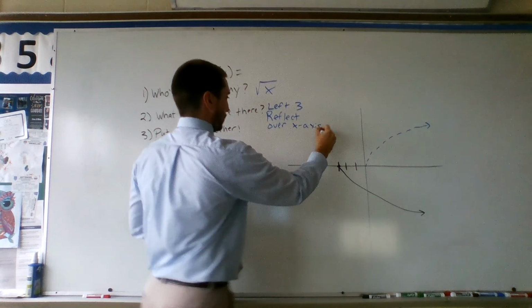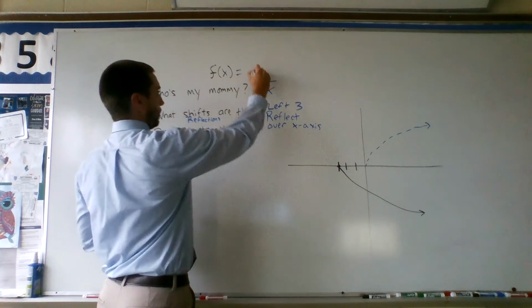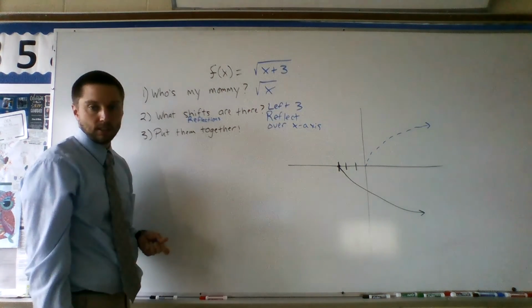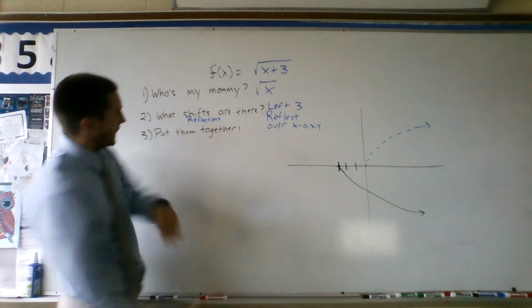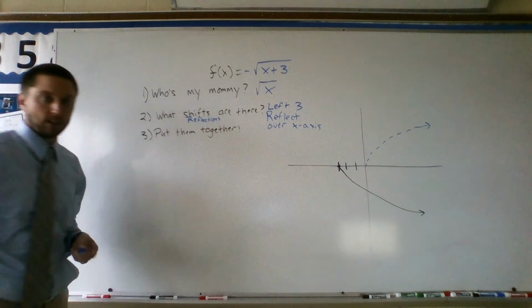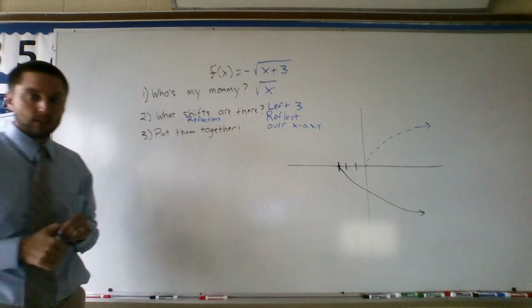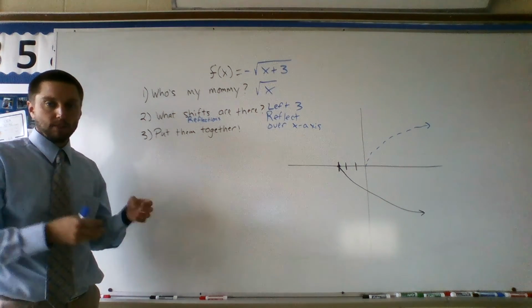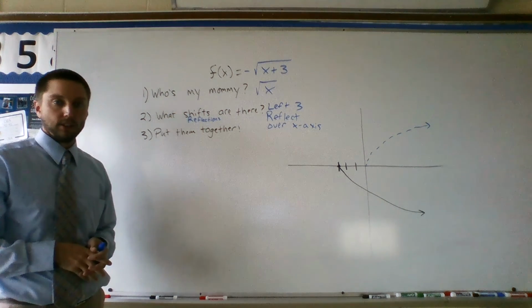So then I just have to put those together. Left 3, so that'd be x plus 3 in parentheses, and then a reflection over the x-axis gives me a negative out in front. Okay, so again, just putting it together: reflection, shift, who's my parent function, and then write it all together as an equation.